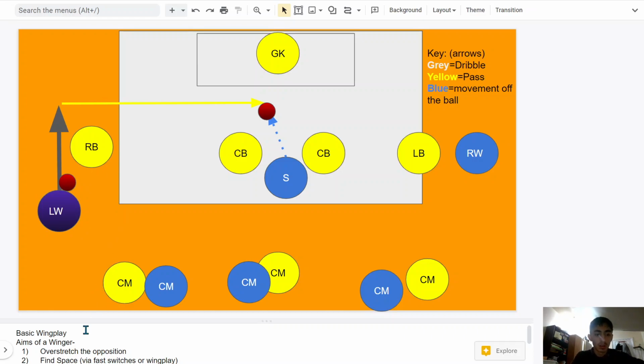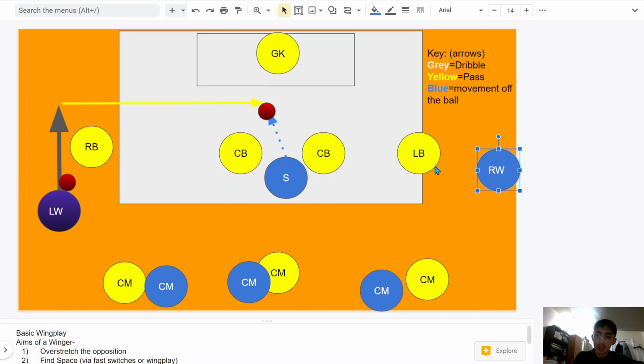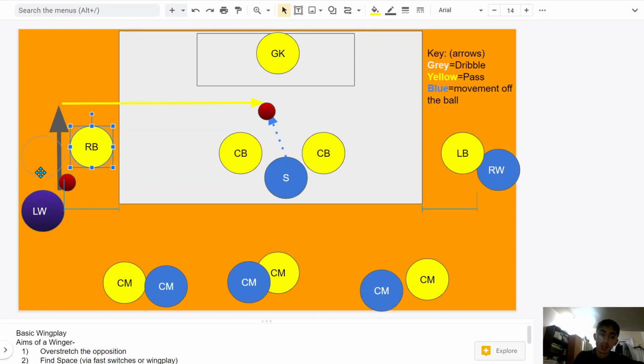And before we go on to that, the aims of a winger are to, number one, as I've written at the bottom, maybe you can't read it, I'll read it out. Number one is to overstretch the opposition. As you notice, these two wingers here, they are staying in extremely wide positions, which can force the opponent's wide players even wider, like that.